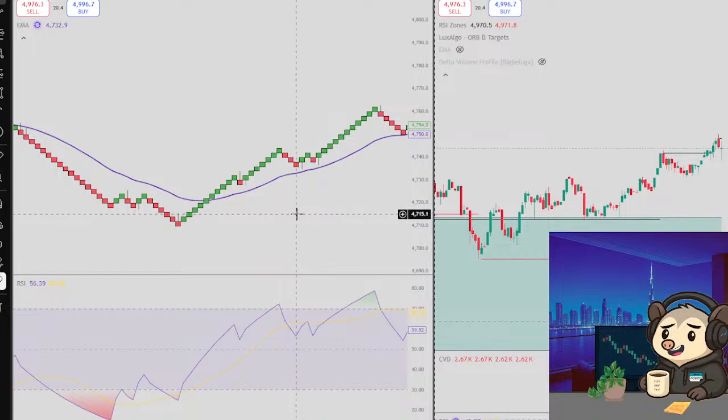Well, this one would have been a no trade, and I'm going to just mark it as a no trade because I don't know. Maybe you could have gotten in, but this is pushing it a lot.